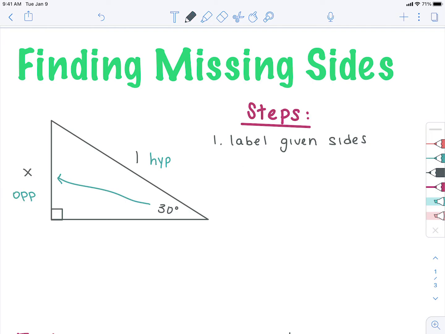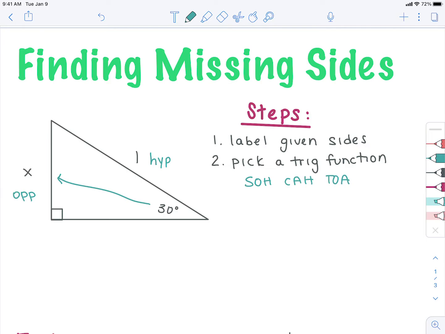After I label my sides, I want to pick a trig function. So if I'm working with my opposite and my hypotenuse, SOH CAH TOA tells me, do I want sine, cosine, or tangent?